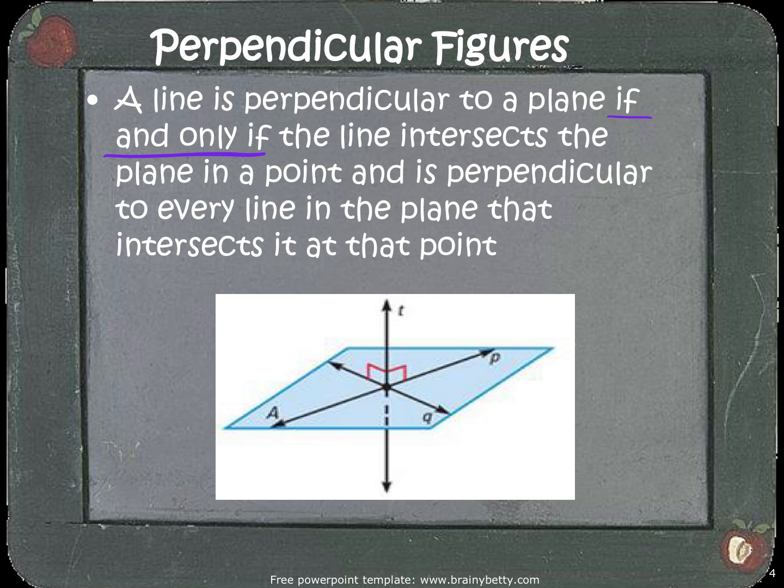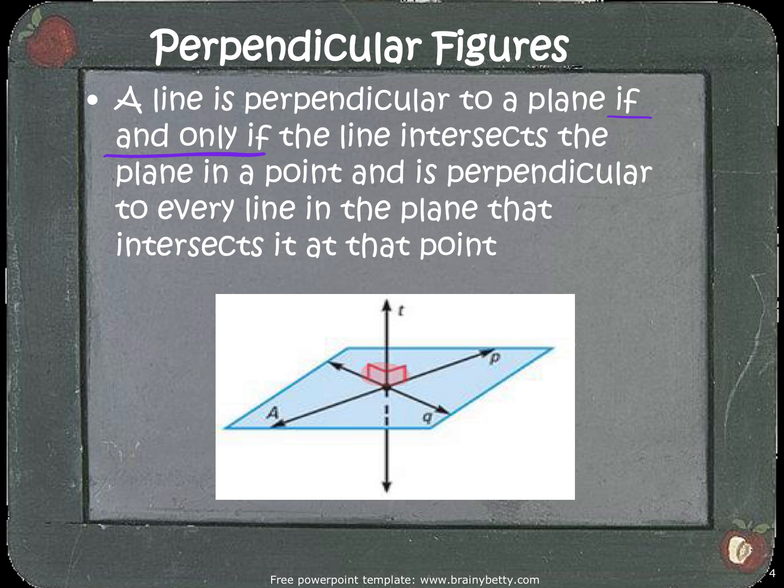The way we can tell that something is perpendicular is this little right angle pictured here. Without this little right angle, or without them telling us that maybe AP is perpendicular to line T, we couldn't assume that it's perpendicular. So we need to look for right angles to indicate that they are perpendicular.